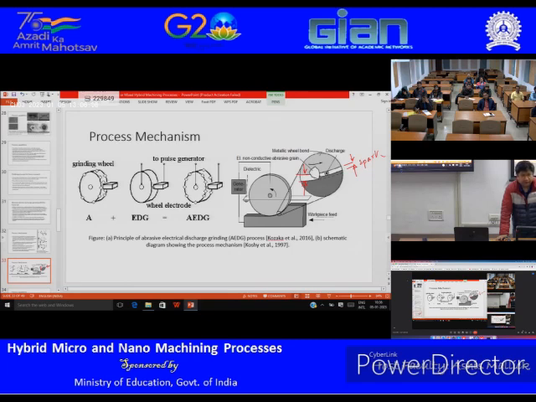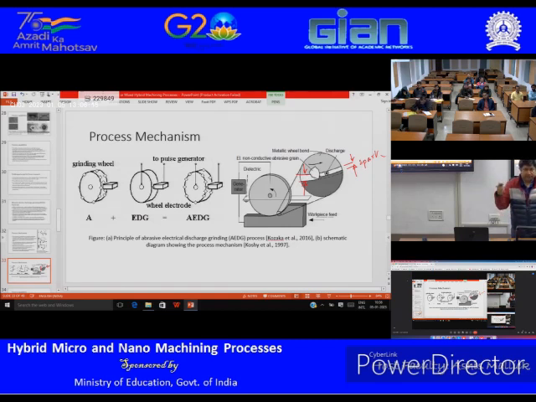What I want to say is that it is not controlled in a way that the sparking will happen first and then grinding will take place. If it were controlled that way, then definitely the material removal would increase. But it is, I would say, uncontrolled. So that's why electrical discharge may not be as effective as it was supposed to be. That's why I am doubtful whether it will have a much higher material removal rate than the EDM process itself.